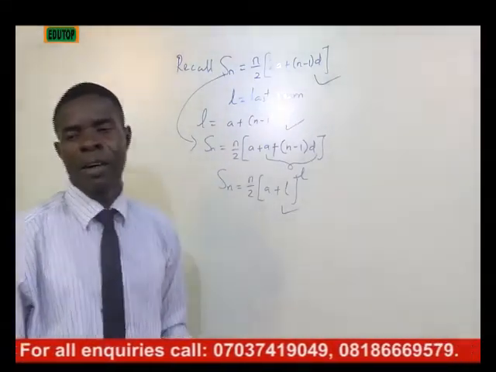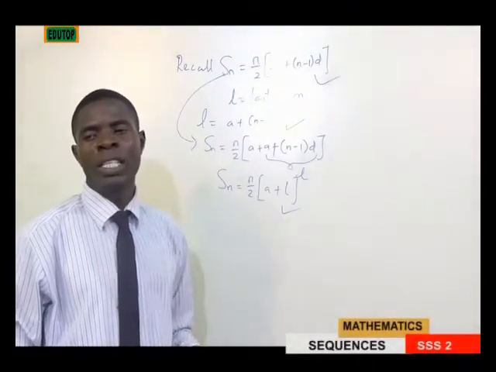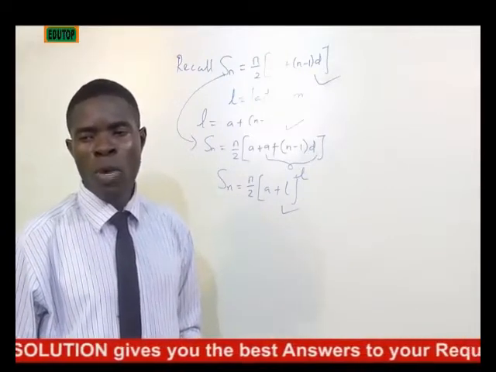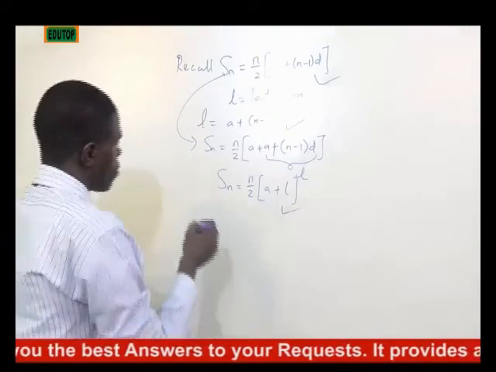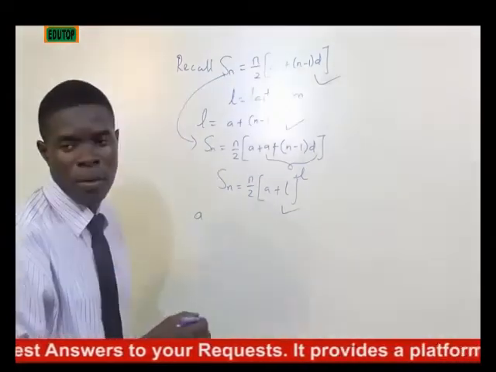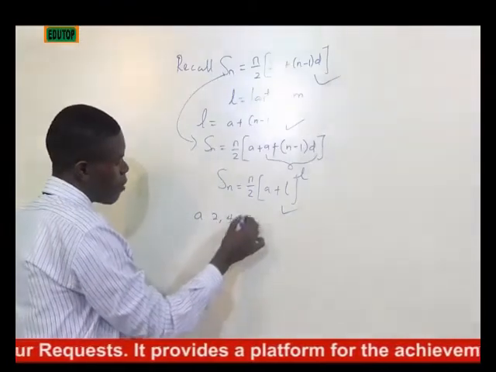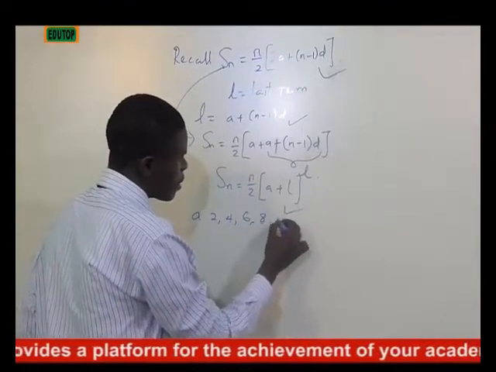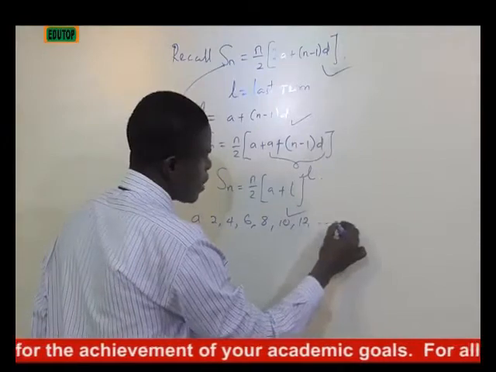Exercise. For each of the following, find 1, the next 3 terms, and 2, the rule which gives the terms. We have A: 2, 4, 6, 8, 10, 12, dash dash.